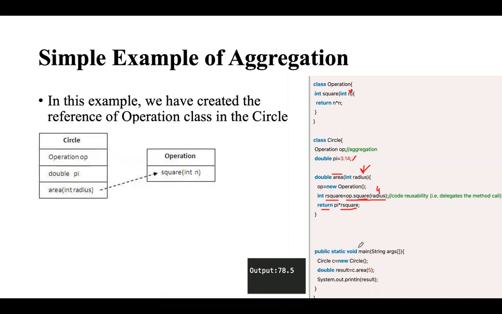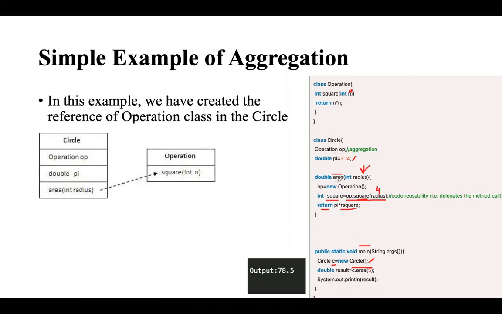And after that, we have the main method. Here we are creating again the object for the circle class, and the object name is C. Then in the next statement, we are calling C dot area. C has the class circle, so I will go into the circle, and it is calling the area method.